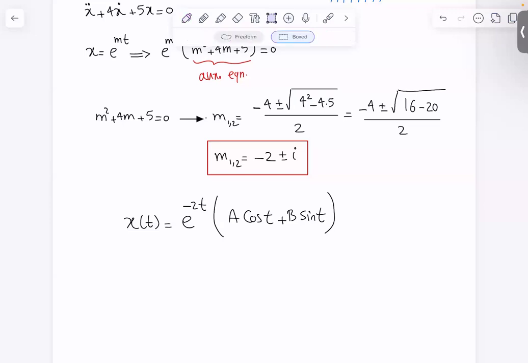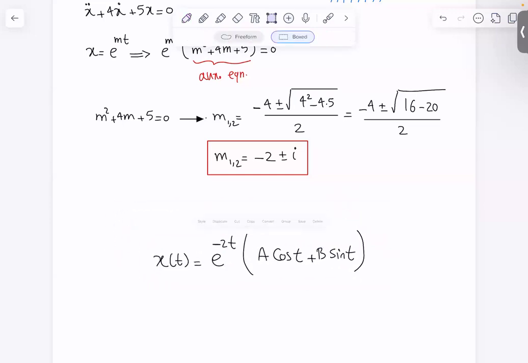So we're familiar with this formula. We derived this last time in class. So this is called the general solution.